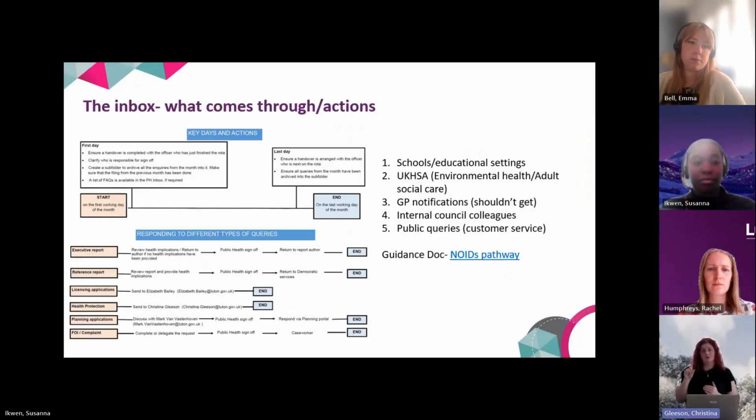NOIDS is the notifiable or infectious diseases pathway. There is a NOIDS pathway which we can share at the end as part of this training package. For other areas of the council, if you're made aware of anything, we'd be very grateful if you could alert us through our public health inbox, public.health@luton.gov.uk.